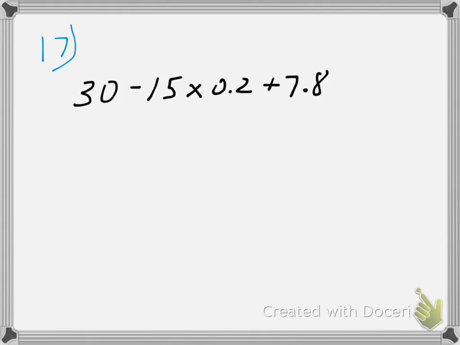Okay, when you get to 17, for 17, you have the problem 30 minus 15 times 2 tenths plus 7 and 8 tenths. We follow order of operations, which tells us we have to do this multiplying first. So we have to do 15 times 2 tenths. So in order to do that, we're going to do 15 times 0.2.